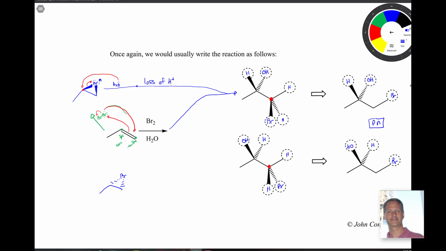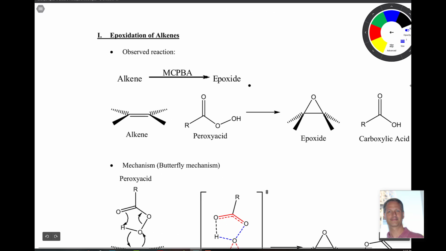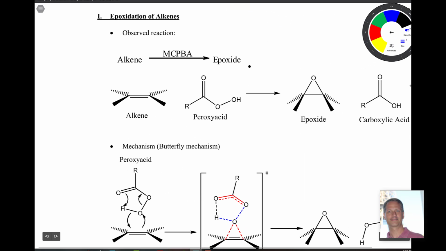The next reaction I want to take a look at is epoxidation. Epoxidation uses this big crazy compound called MCPBA. MCPBA is the following molecule. I'll give you some history of it. So there's benzene. That's benzoic acid.